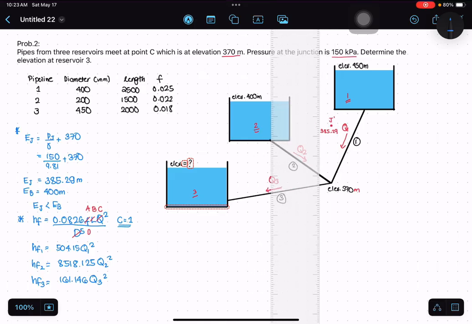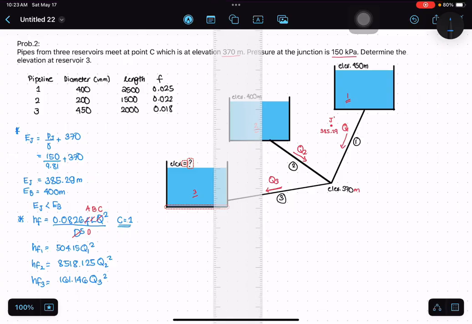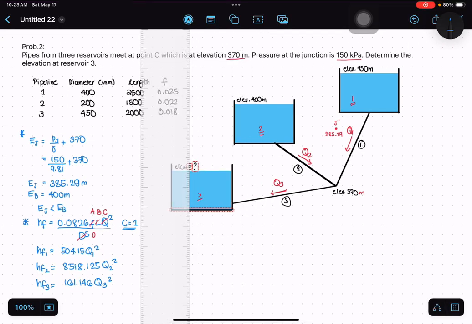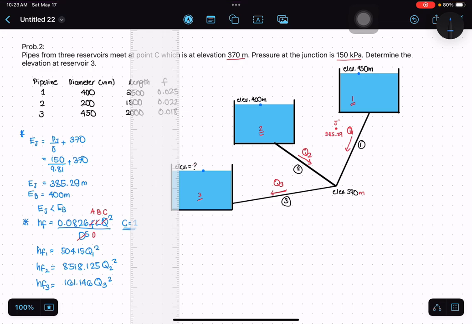So, ang gagawin natin is, di ba, mag-consider tayo ng mga points. Yung first point is yung water surface ni Reservoir 1. Dito naman yung sa Reservoir 2. Then, Reservoir 3. Yung mga points na yan, yung total energies nila is yung mismong elevation nila.